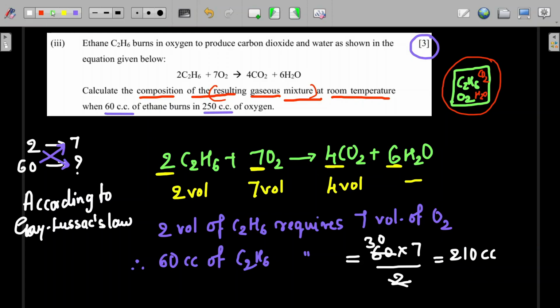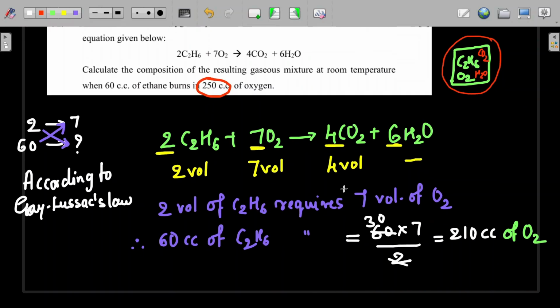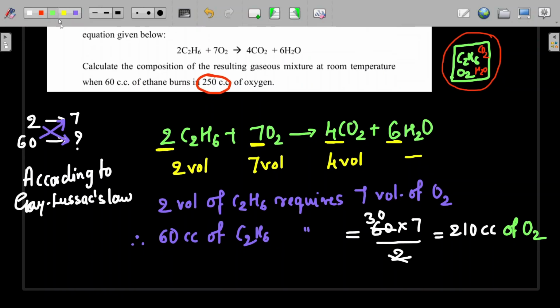So now see, actually for 60 cc of ethane, you need only 210 cc of oxygen, O2. But actually how much they have given here? 250 cc they have given. In the question, means there should be excess of oxygen in the reactor. Correct? So now we have to find what?